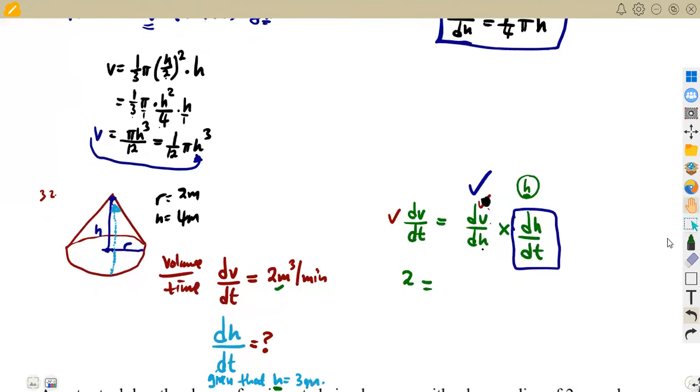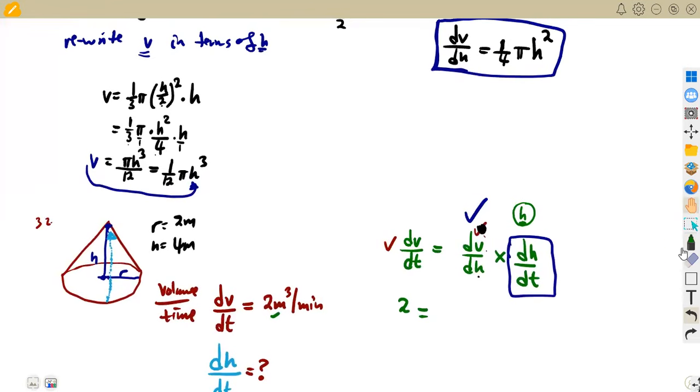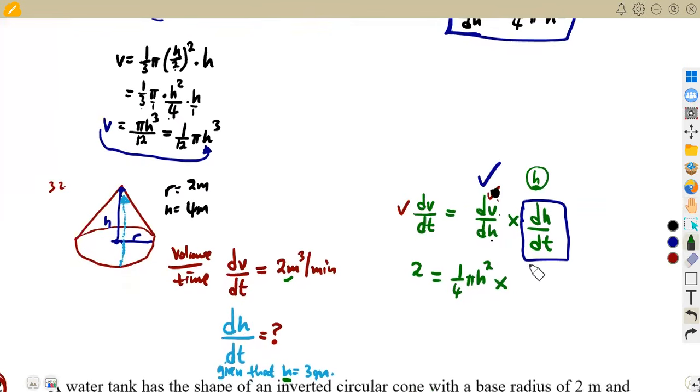So we are going to substitute this part, 1 over 4 pi h squared, times what we are supposed to calculate, which is dh/dt. So that's an equation. What we need is to find dh/dt.